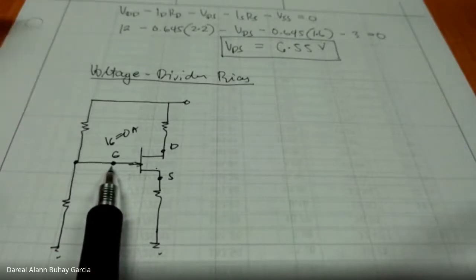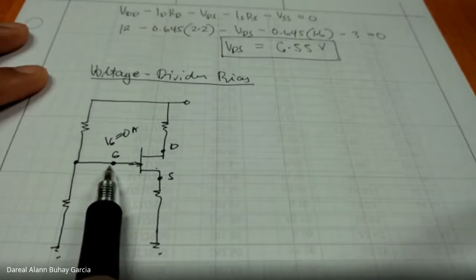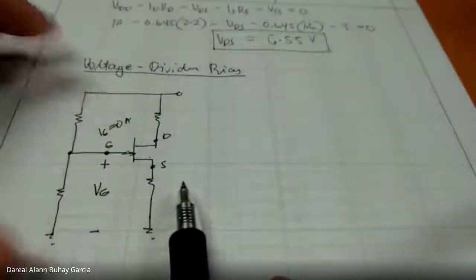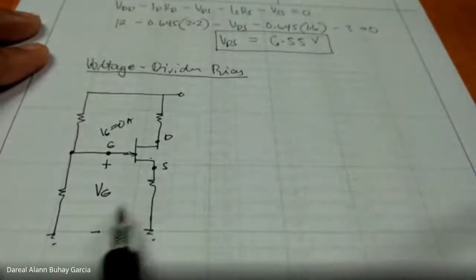Kung mag-Thevenin ta dito sa BJT, the same lang formula makuha na to kung sa voltage drop nga to i-measure at this point. Kaya kinanglan gyapon nato ni nga voltage VG this point. Kaya kinahanglan to mag KVL, no? KVL to dire.